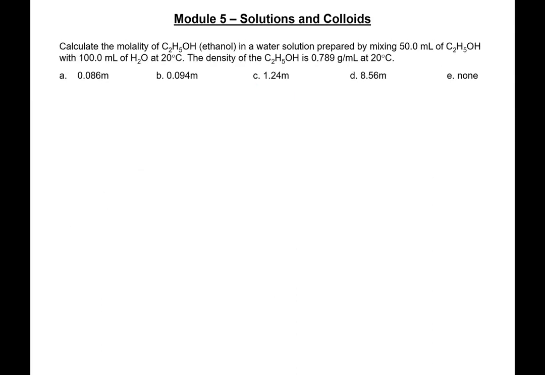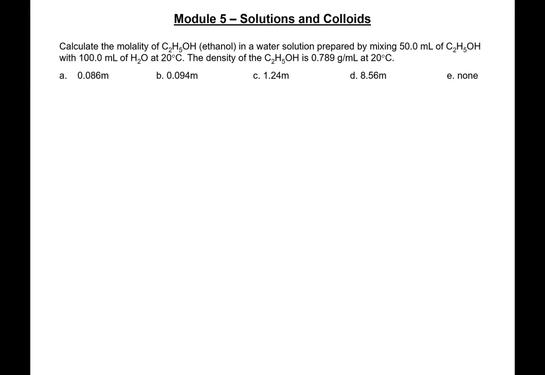All right, the next question. Calculate the molality of ethanol, C2H5OH, in a water solution prepared by mixing 50 milliliters of C2H5OH with 100 milliliters of water at 20 degrees Celsius.